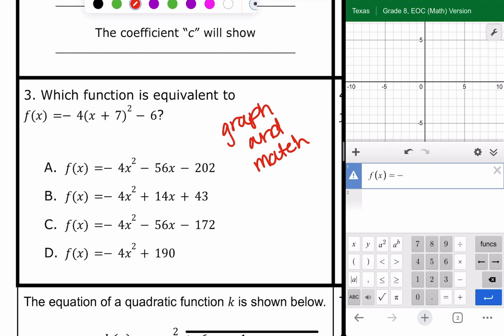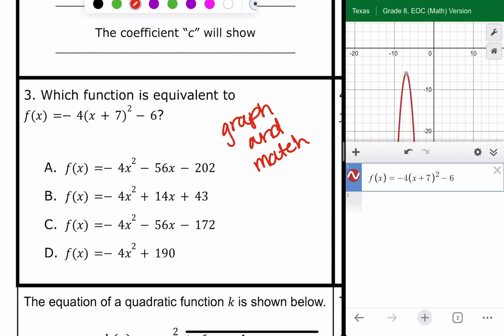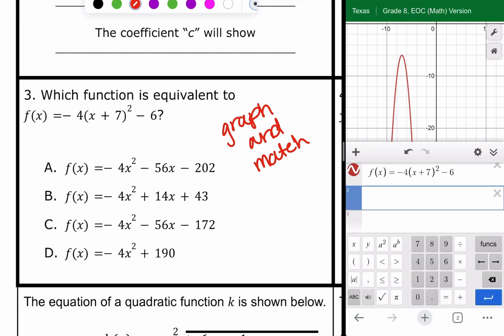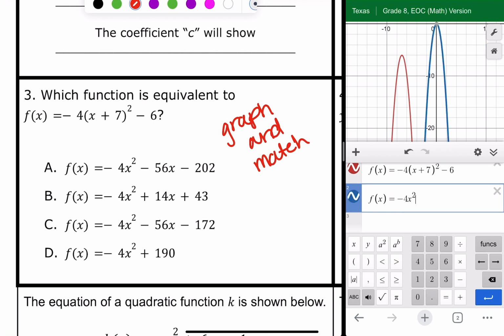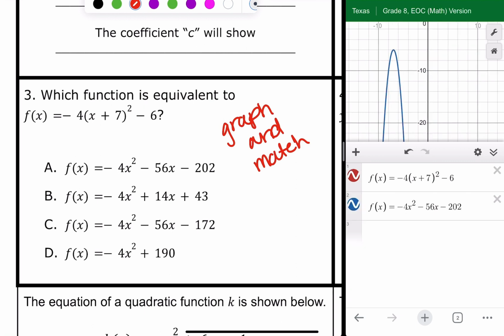We have this red graph. When I graph the answer choices, I want red to be covered up. So A, f of x equals -4x squared minus 56x minus 202. And see how blue covered up red perfectly? That's what I want. So your answer is A.